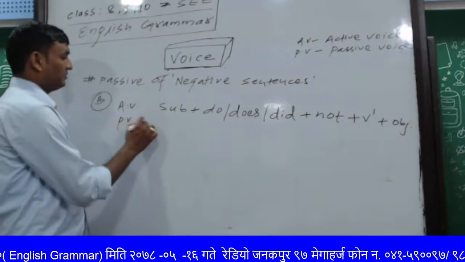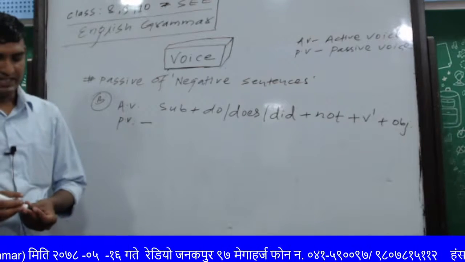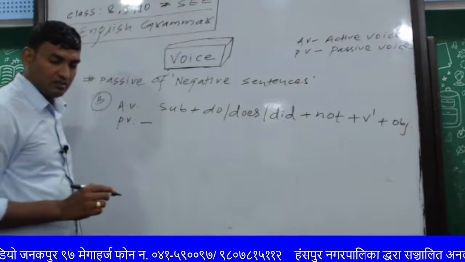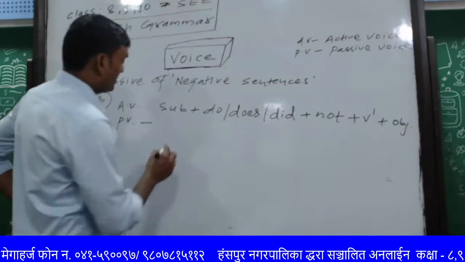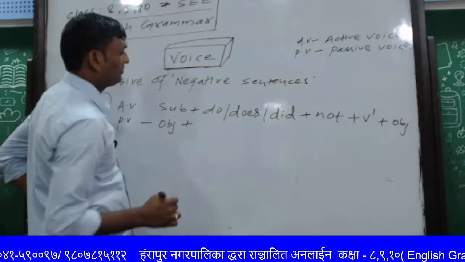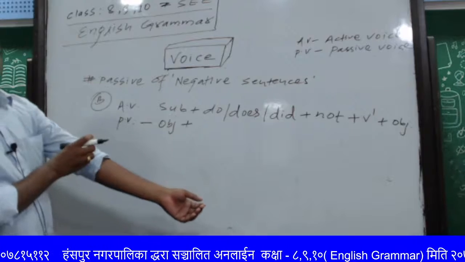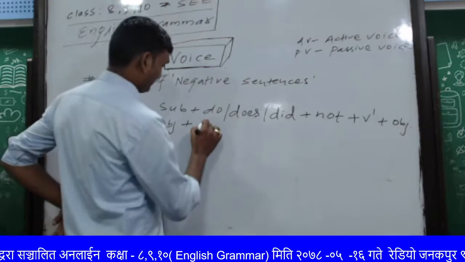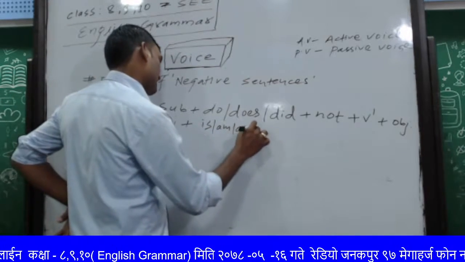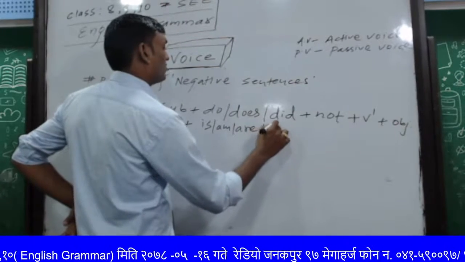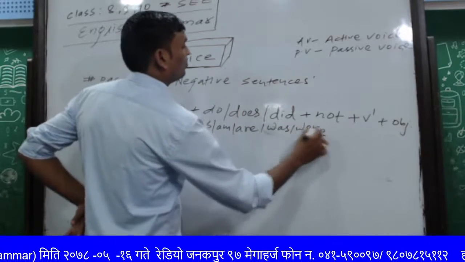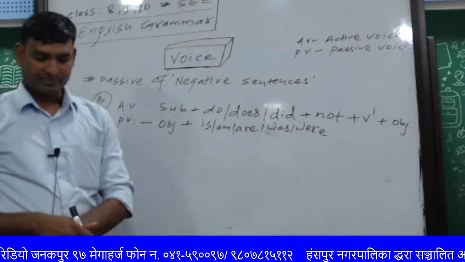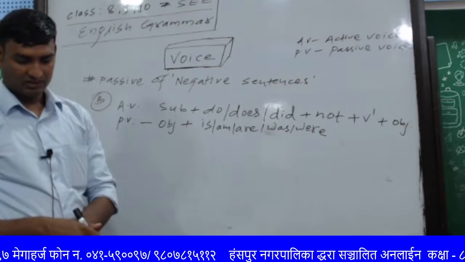Then the passive of this structure is here: object plus is, am, are, was, were. Was, were is for did, that is, if it is in the past.